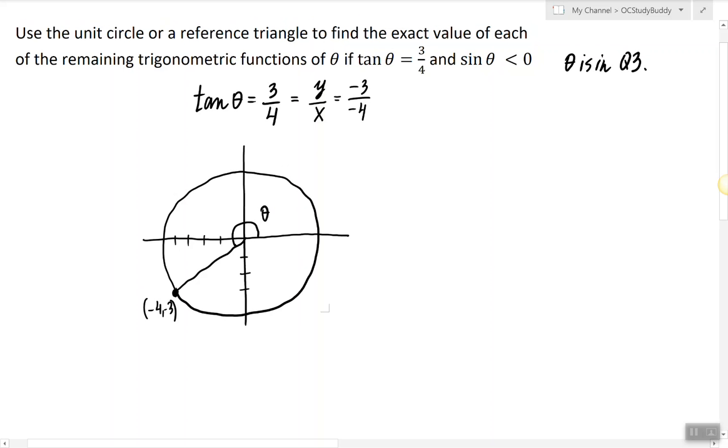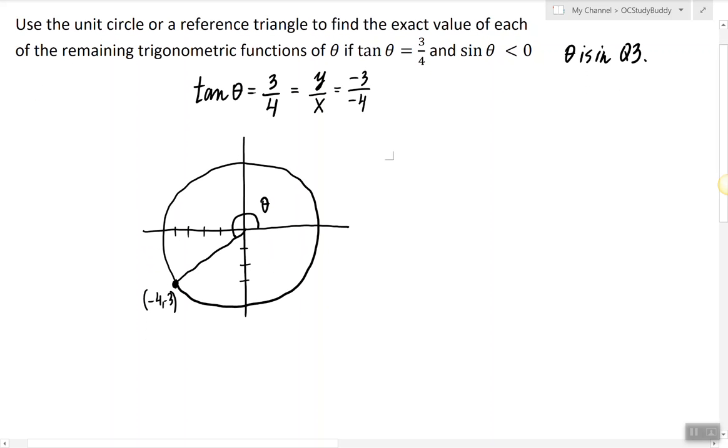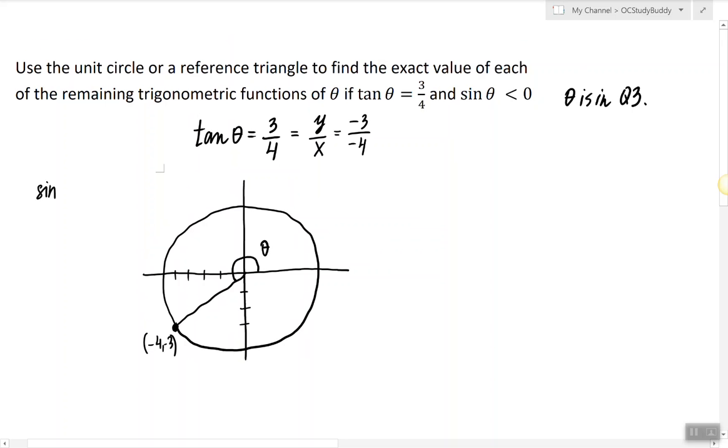so then we can use the definitions of trigonometric functions to find their values. So let me remind you the definitions of all trigonometric functions.